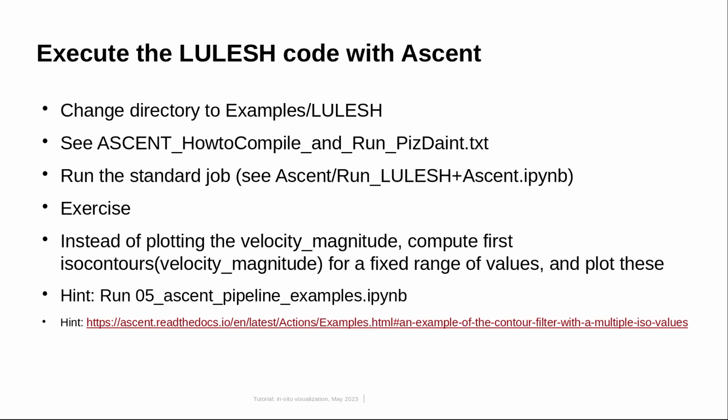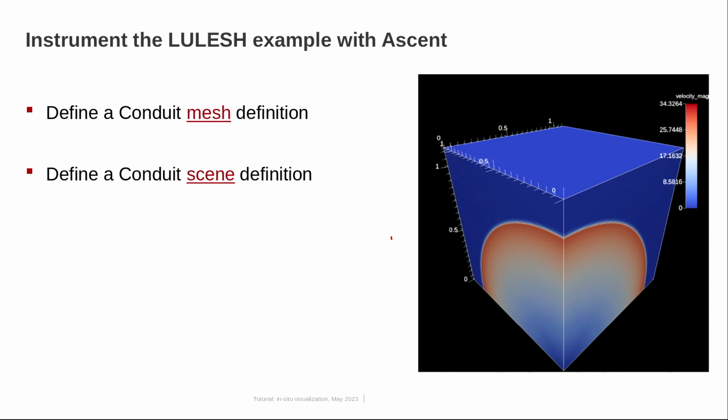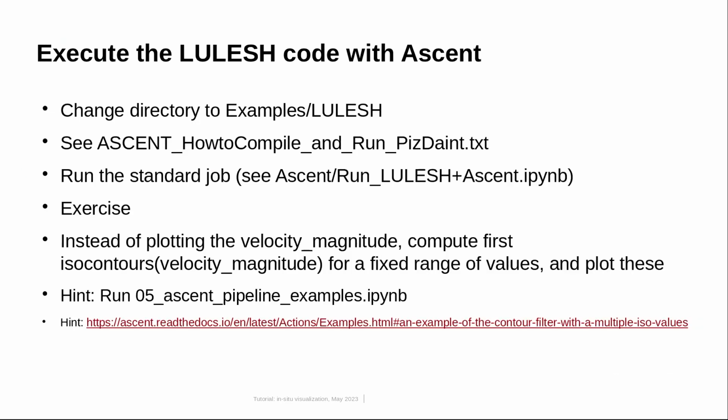Here's the exercise that I had planned to do. There are the instructions on how to compile on PitchDaint, and this is available. Actually, you can compile from the Jupyter notebook. You can compile that directly, execute the exercise, and instead of plotting the velocity magnitude, which I had seen in the previous image, I suggest you plot iso contours of velocity magnitude.